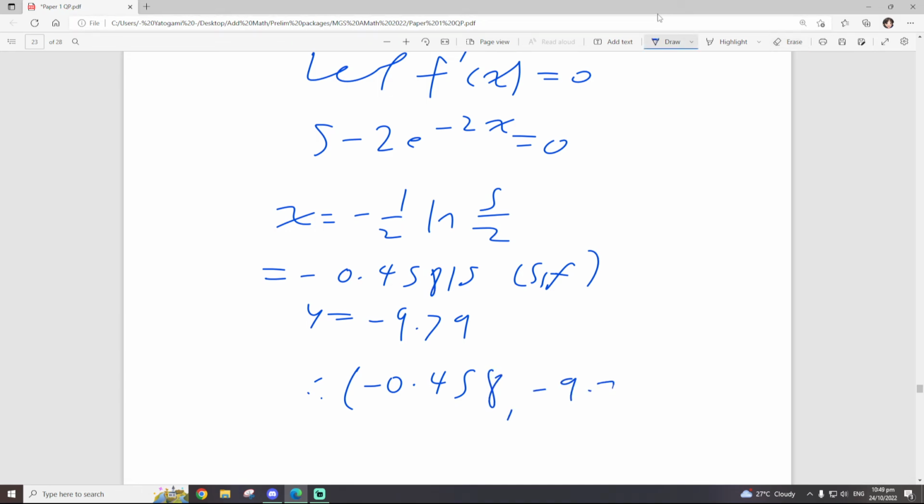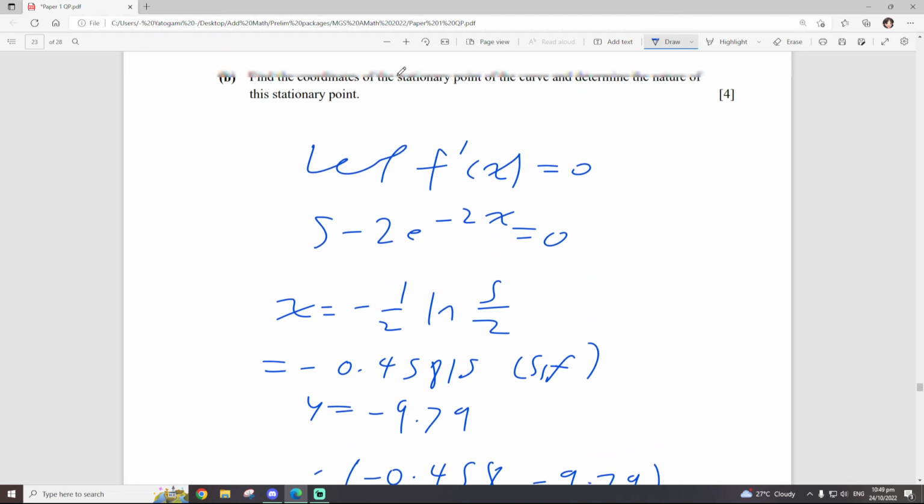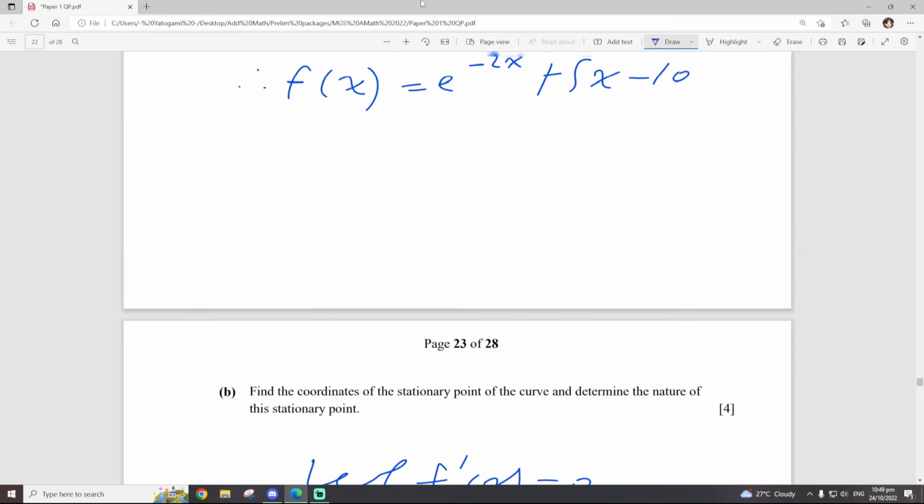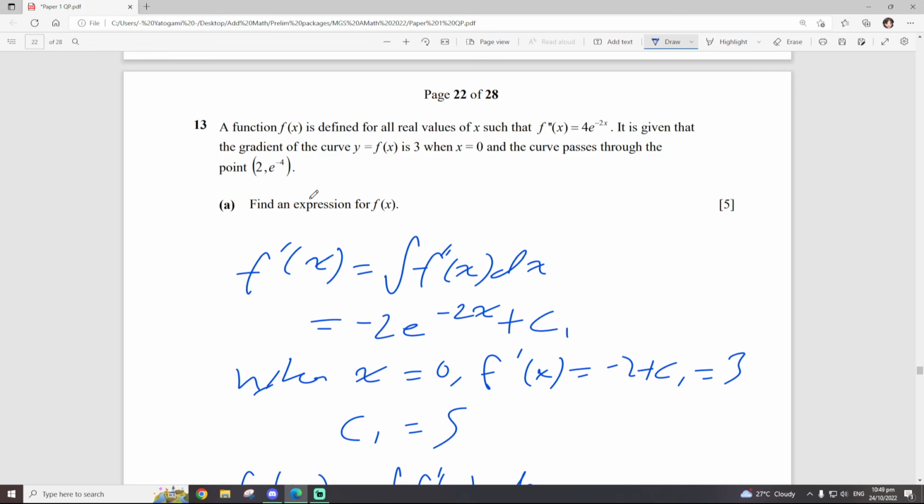Okay, there you go. So y is negative 9.79. So therefore the coordinates of the stationary point is negative 0.458, sorry, and negative 9.79. Okay. To determine the nature, we can consider f double prime at negative 0.45815. It's going to be a positive number, I believe, in any case.